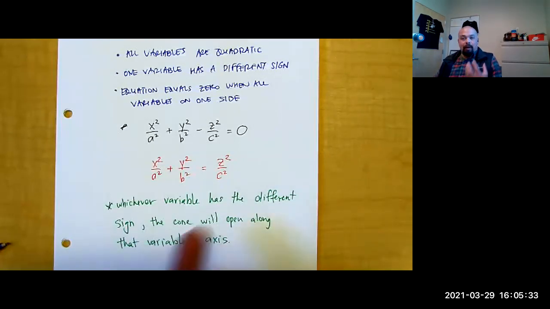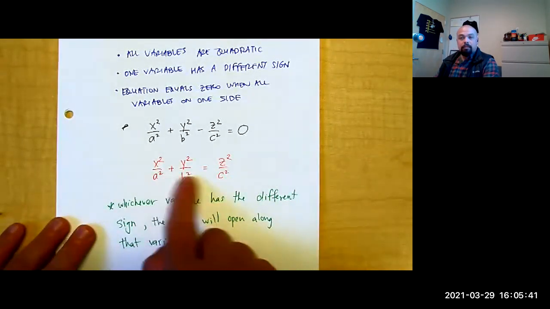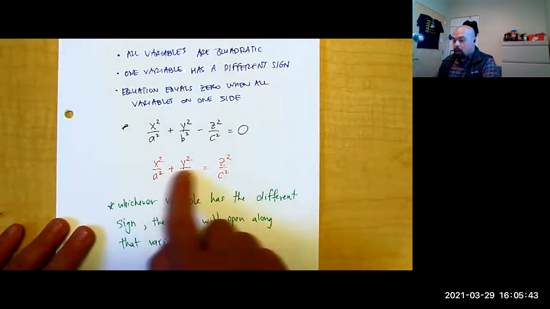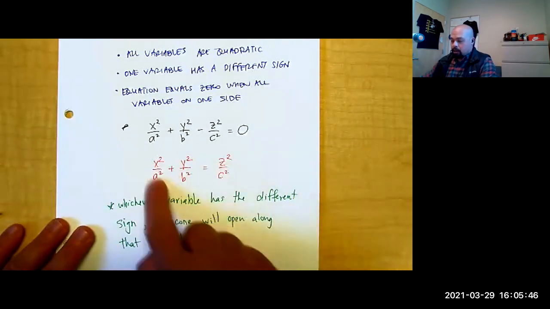And so the idea is that when we start to think about graphing once again, making those traces, in this format, notice this kind of looks like an ellipse.